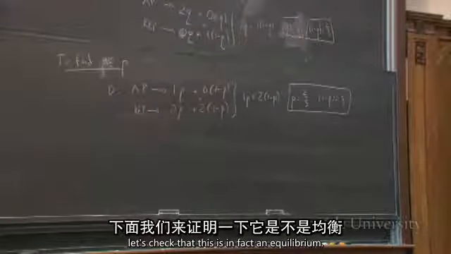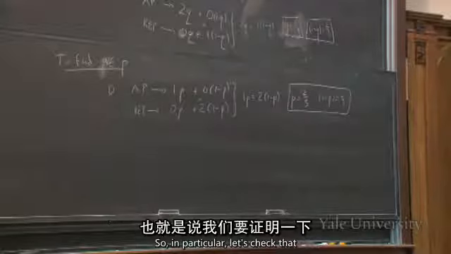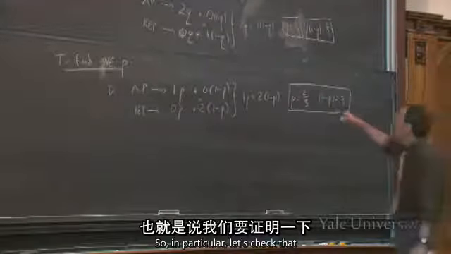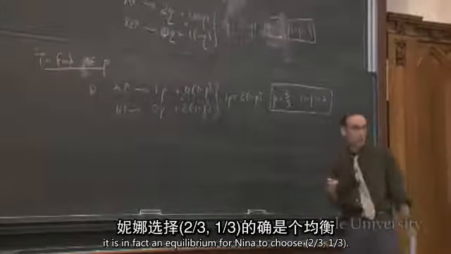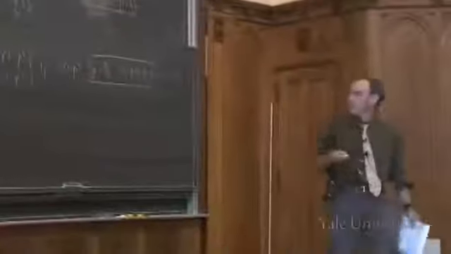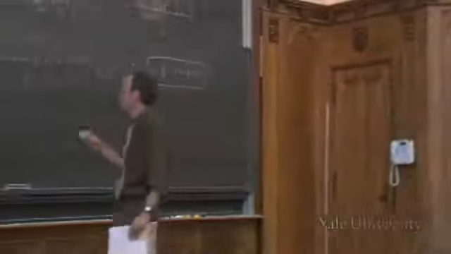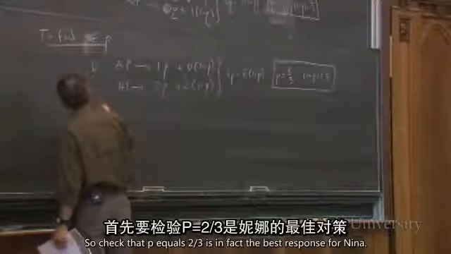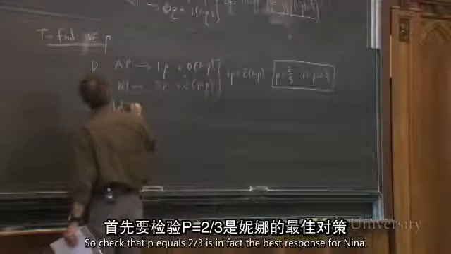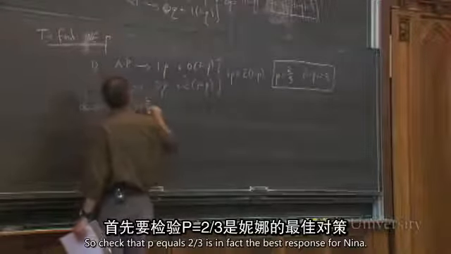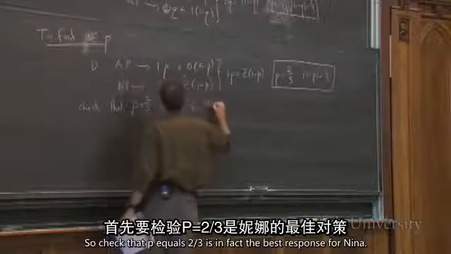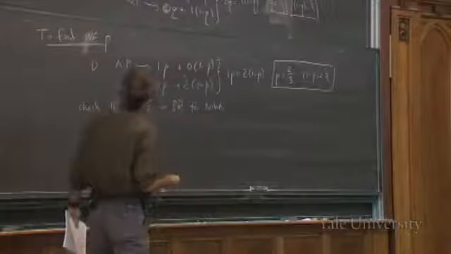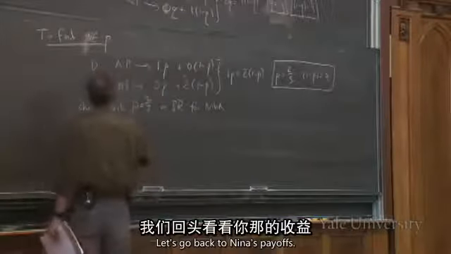Let's check that this is in fact an equilibrium. So in particular, let's check that it is in fact an equilibrium for Nina to choose 2/3, 1/3. Check that p equals 2/3 is in fact a best response for Nina. Let's go back to Nina's payoffs.